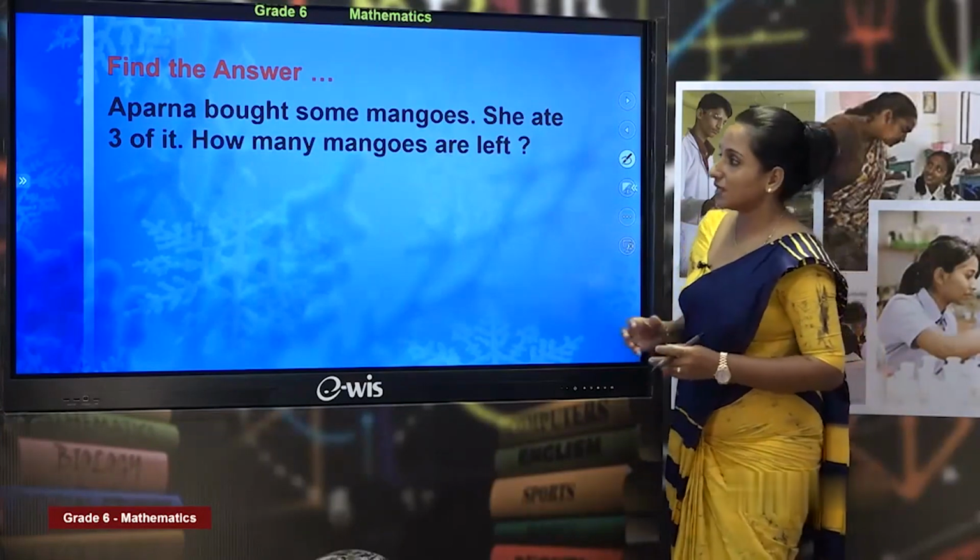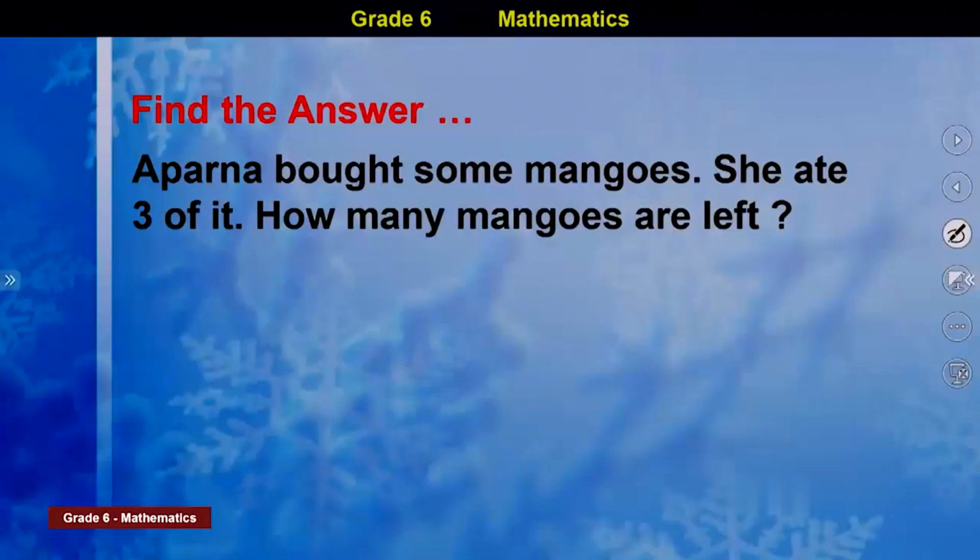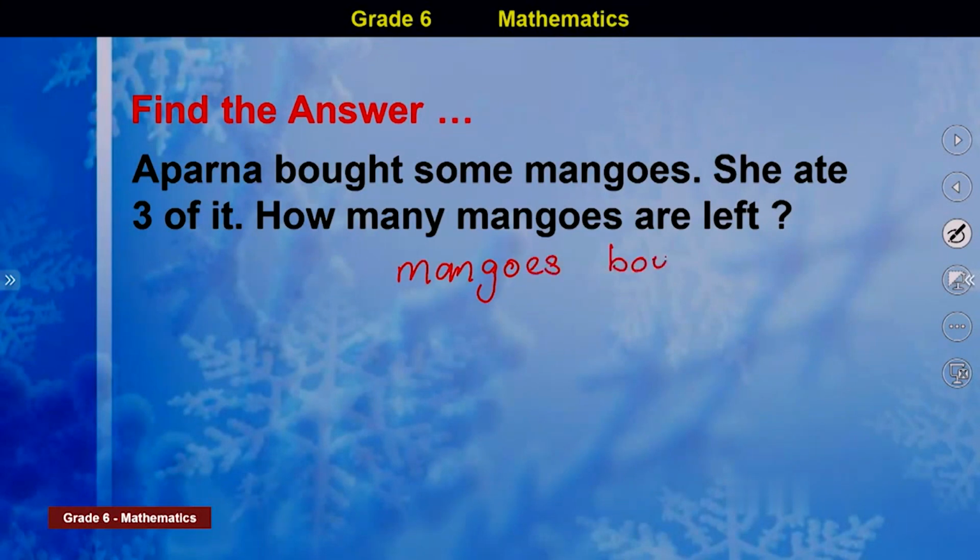Therefore, I can write the mangoes bought as M. I used M. You can use any algebraic symbol you like.